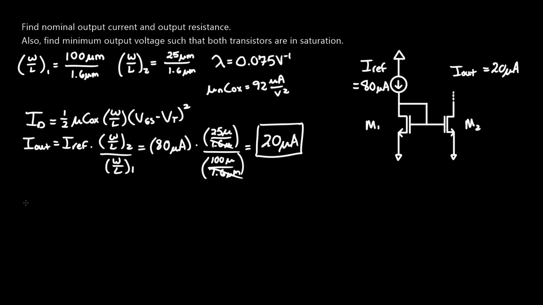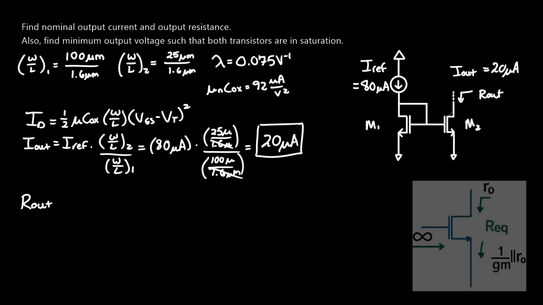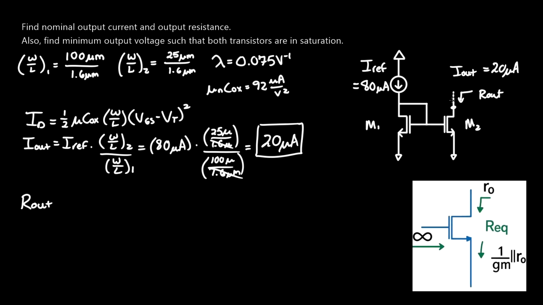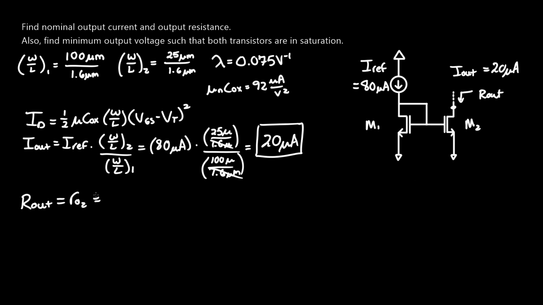Now for output resistance, we can call that R out of the circuit. That will be looking in from the output terminal. And the only thing it can touch from here is the output equivalent resistance RO of M2, so I'll just call that RO2. We know from the small signal model equation, RO equals 1 over lambda ID, with ID 2 since that's belonging to the M2 transistor.